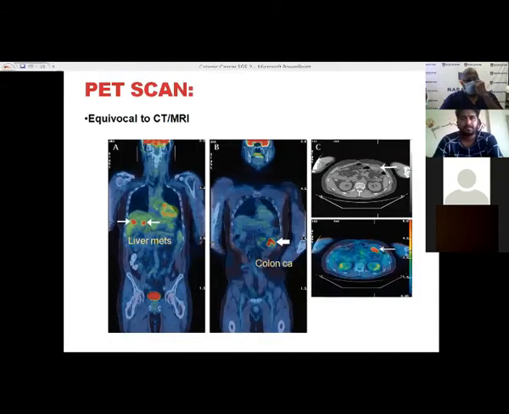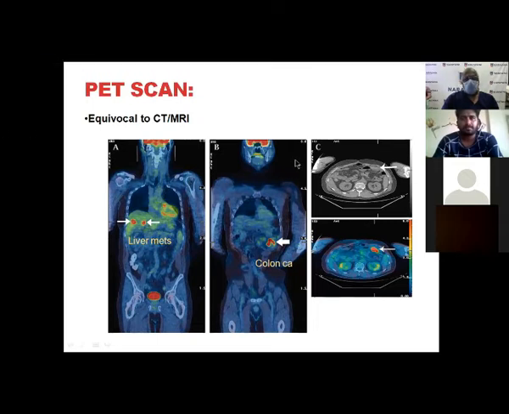So this is about the PET scan. False positive things are more, but it shows nicely the colonic malignancy here. This is the liver metastasis here, and also it shows an adrenal metastasis here, and this is normal. This is equivocal with CT and MRI. But usually we don't do it as a routine.